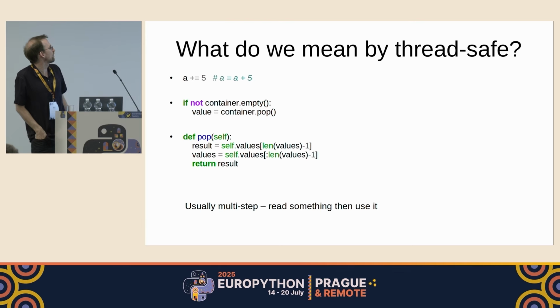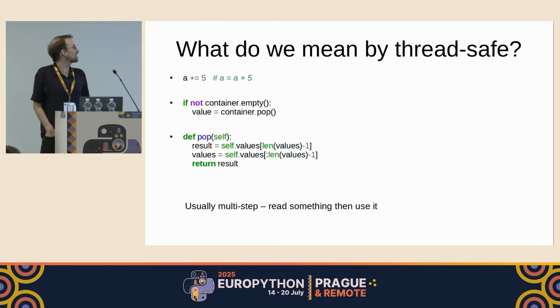The first example I've got is just this a plus equals 5. In the comment, you can see there are actually multiple steps: there's a read of a, there's an add 5, and there's a write of a. And if another thread gets in there and writes something else to a in that gap, then you've got the wrong answer.